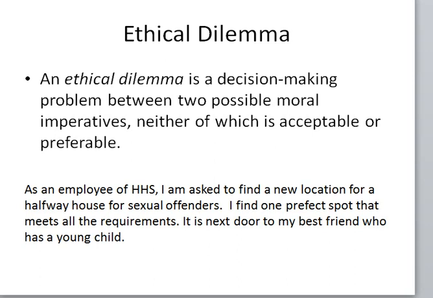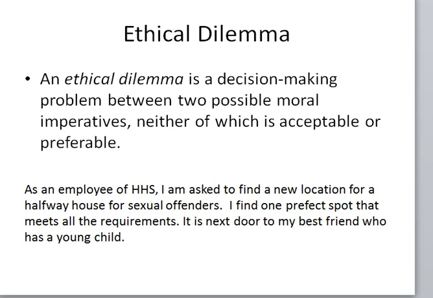I also want to make sure that I'm avoiding maybe public schools. I don't want to put a house within so much distance of a public school. And so maybe I do all of my GIS analysis and I find this perfect house that's for sale. It meets all the requirements, but it is next door to my best friend who has a young child.